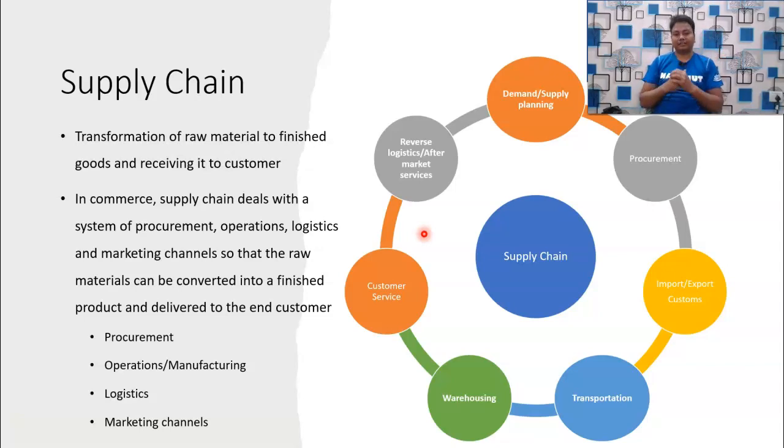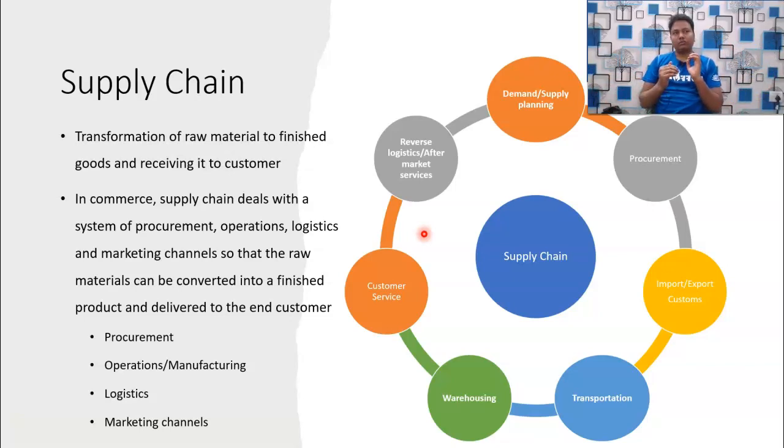Then why chain? In supply chain management, different teams are involved, like procurement, planning, warehousing, transportation, which means logistics, reverse logistics, customs, etc. So there should be coordination between all these teams, right?